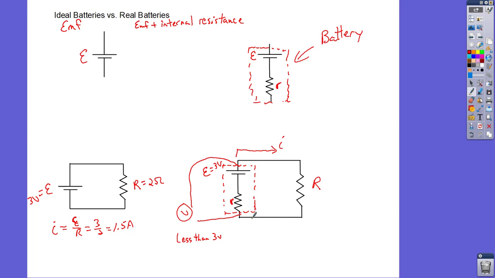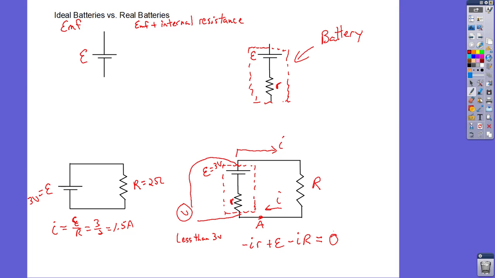So again, let's say we start from A like we usually do, and I always go clockwise. I'm going with the current. Okay, so I is going to be going this way back toward the battery. So if we go clockwise from A, we're going to have minus I times the internal resistance plus the EMF minus I times big R is going to equal 0.